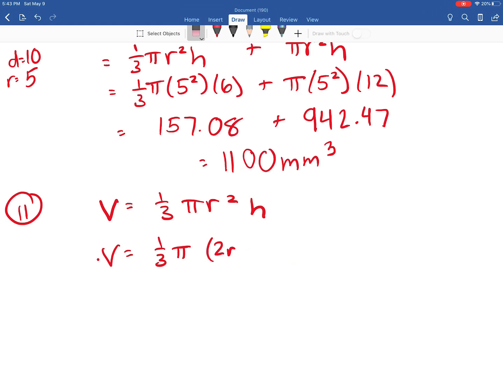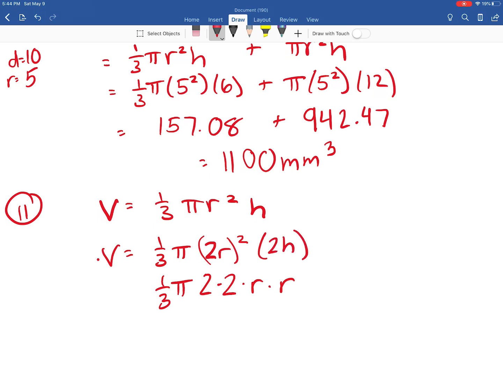Let's back up. Okay, so my radius is going to get multiplied by 2. That means I'm squaring both the 2 and the r. So I could write this out as 2 times 2 times r times r.